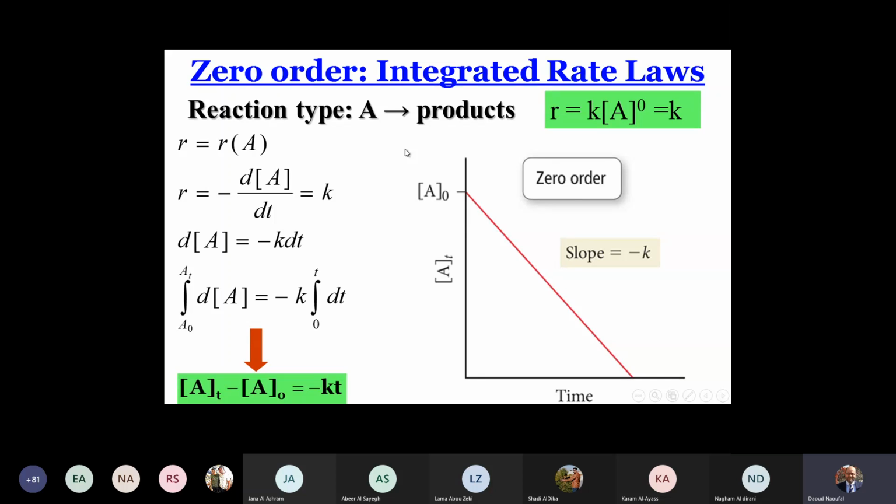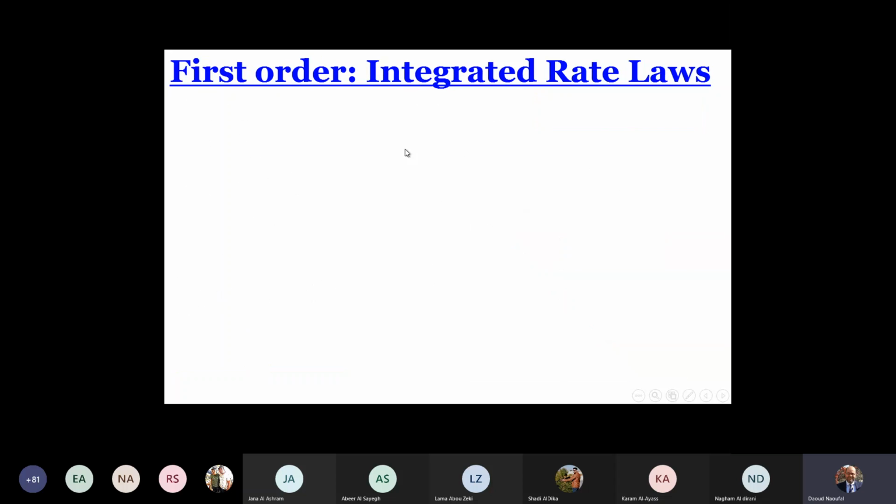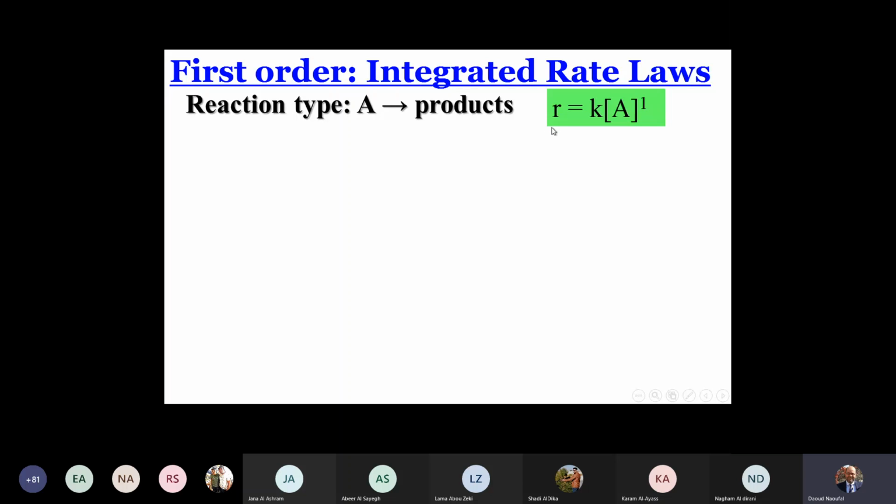What is the relation between the concentration and the time t for the reaction supposed of first order? By the same analogy, consider the reaction A to products. Suppose the reaction is of first order, so the rate law expression is R equals k[A] to the power 1.